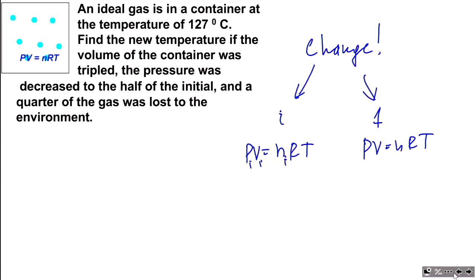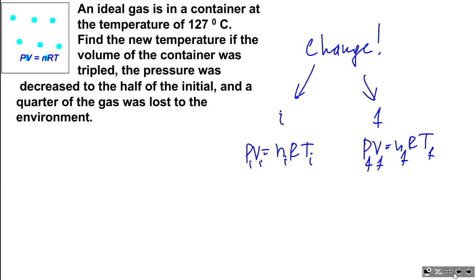Do I have to label R? No, it's constant. Final. All right. Now we need to start reading and transferring every verbal relationship into a mathematical relationship.